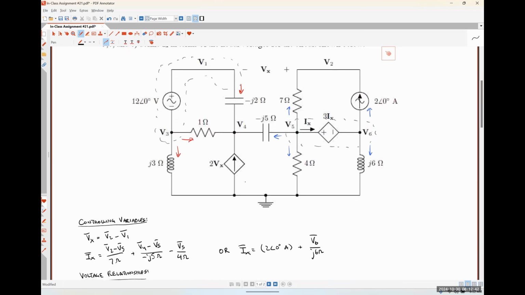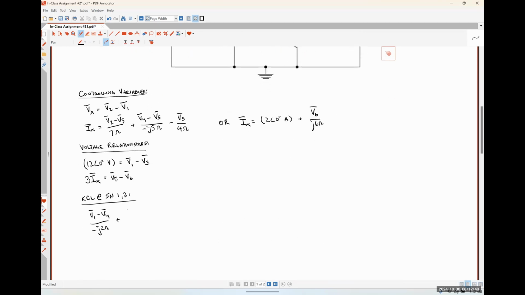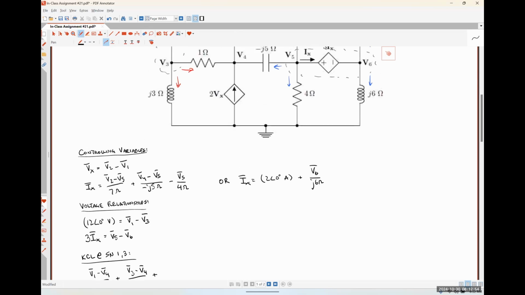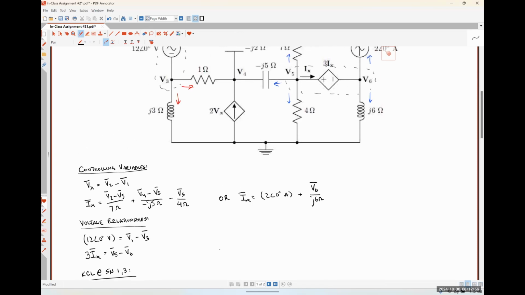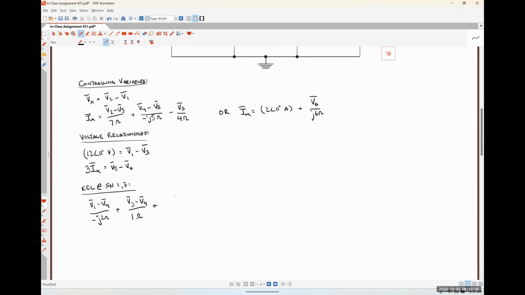What's that going to be? Yeah, V3 minus V4 over 1 ohms. And lastly, our current flowing down through our J3 ohm inductance. V3 over J3. And we set this equal to 0.